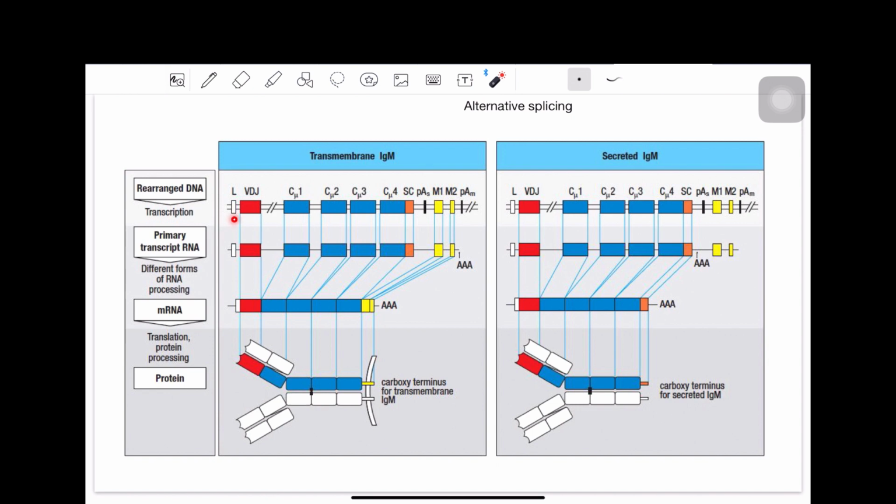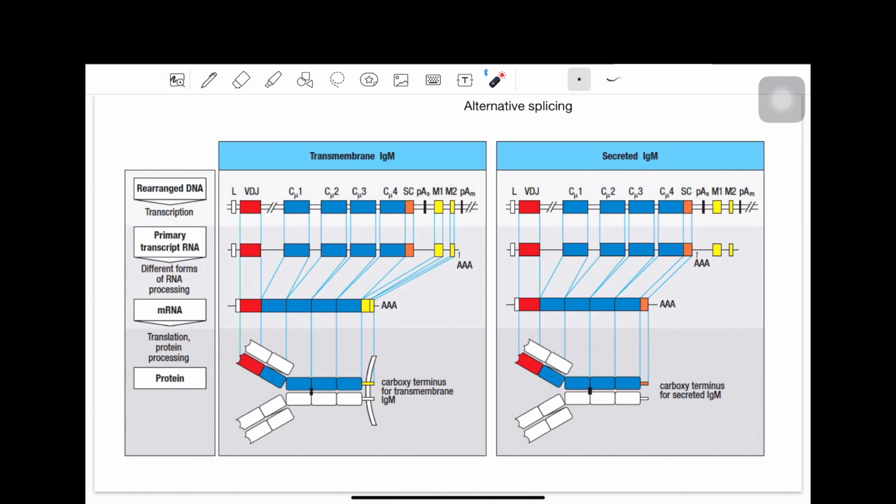So this we can see in the topmost line, that this is the DNA. Actually, this is the rearranged DNA, because we can see the VDJ sequence has already been rearranged here. And these are the constant regions of this immunoglobulin molecule. See the exons corresponding to the constant regions, CMU1, CMU2, CMU3, CMU4, and so on.